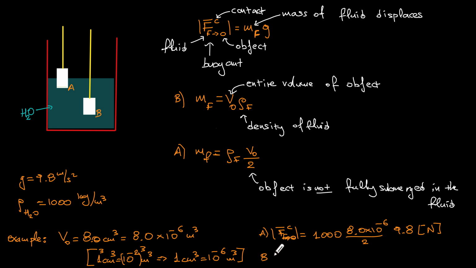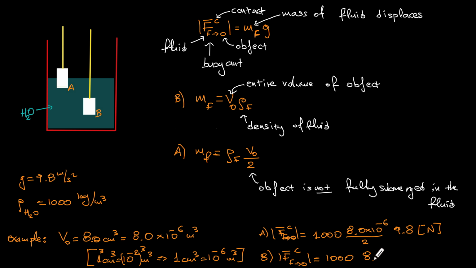Now in case B, the magnitude of the buoyant force that the fluid will exert on the object is the density of the fluid, which is the density of water.